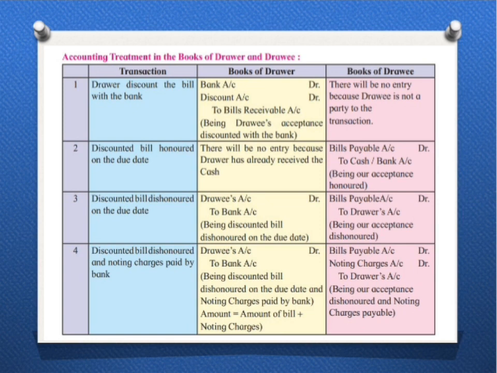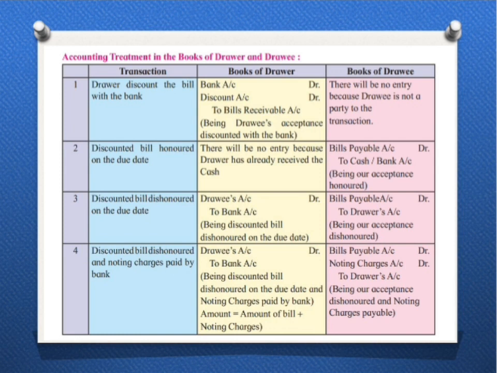Then, discounted bill honored on due date. There will be no entry in the books of drawer because the drawer has already received the cash. Then on due date, the drawee makes the payment. That is why in his books, bills payable account debit to cash or bank account.